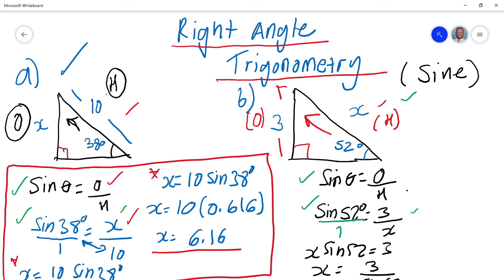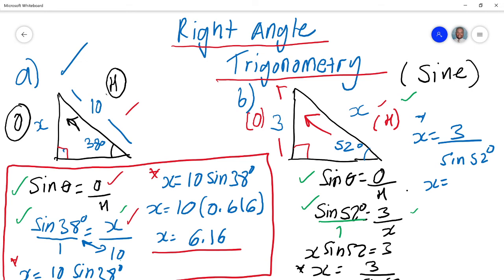Let me just rewrite that again, so there's clarity. So x is equal to 3 over sine 52 degrees. And what we now need to do is get our calculator, because off the top of my head, I don't know what sine 52 is.